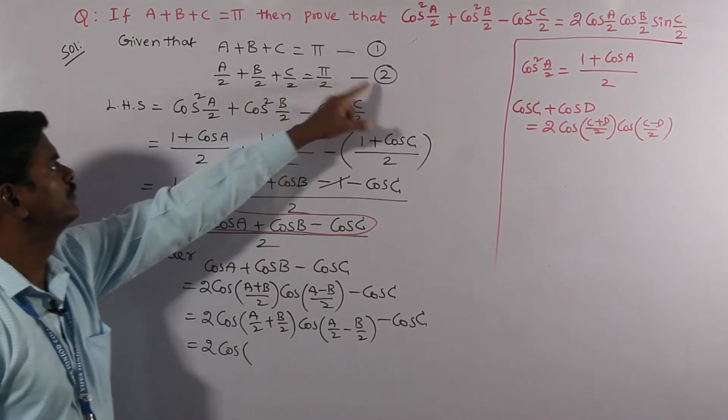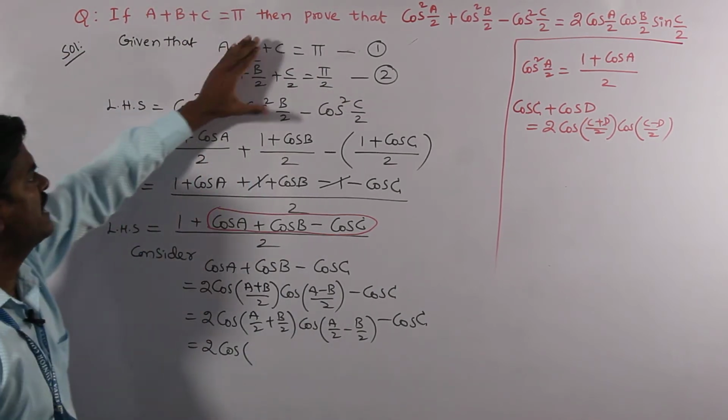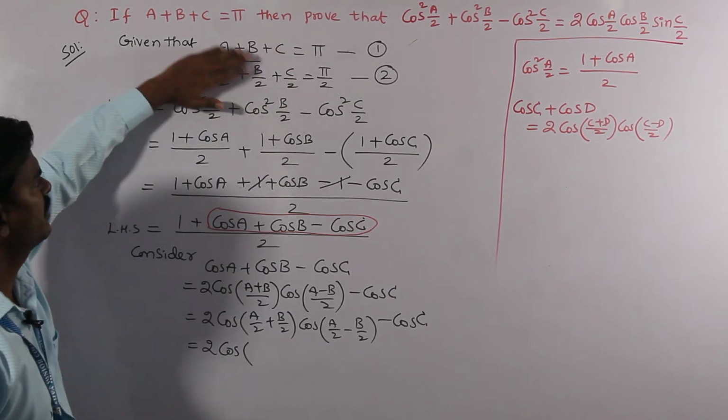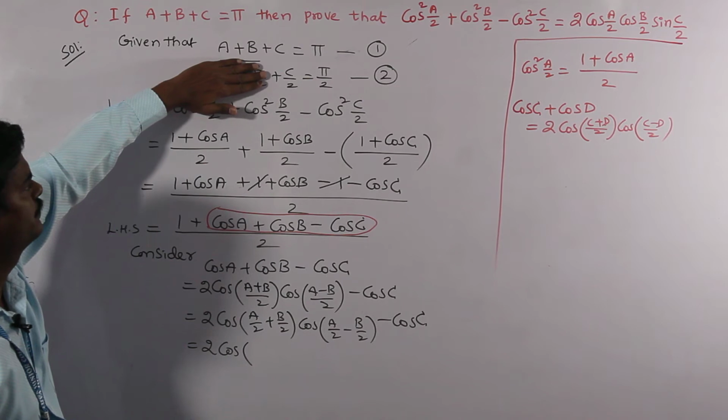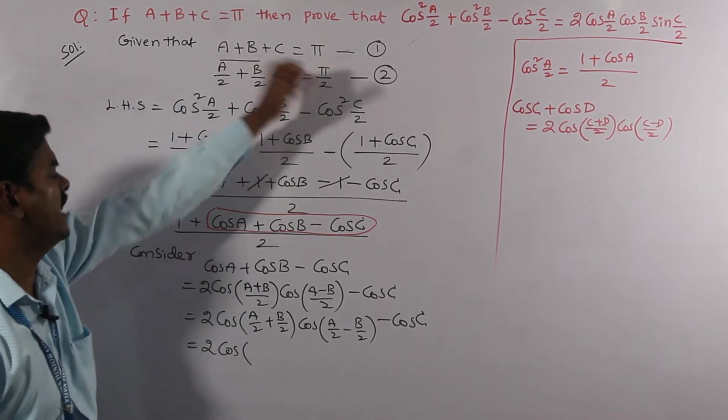From equation 2, A by 2 plus B by 2 can be replaced with pi by 2 minus C by 2. If I want to keep A by 2 plus B by 2 alone, plus C by 2 on shifting becomes minus C by 2. So pi by 2 minus C by 2.